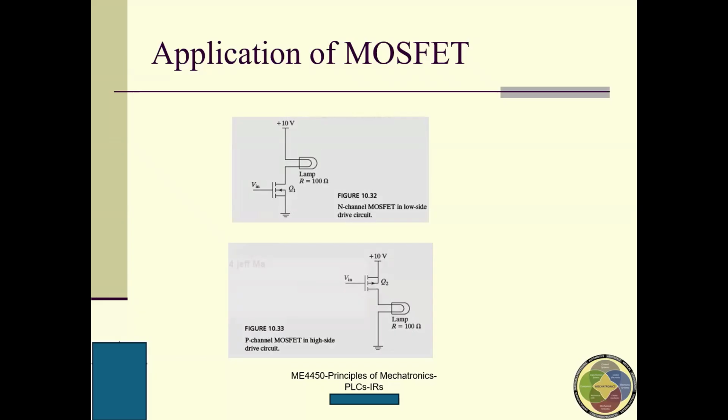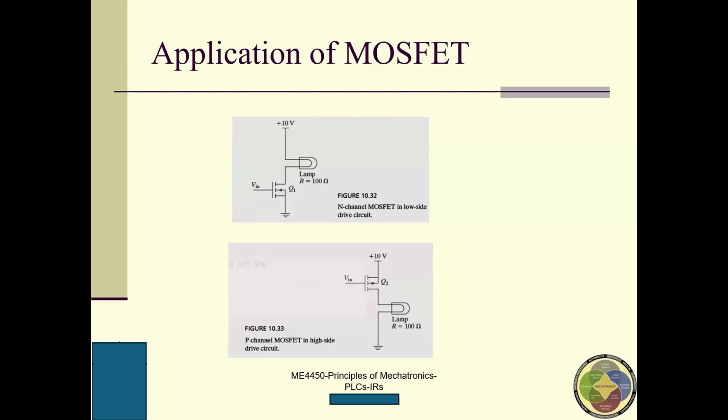For this one, you can see the arrow goes outside from the device. For the MOSFET, whenever we see this kind of arrow, we know it is the P channel, and the P channel works on the same principle as the PNP. So we compare these two voltages. If this input is low enough compared with the 10, the voltage difference will be higher than the threshold value, and then we have current.